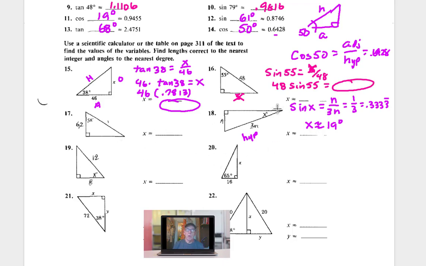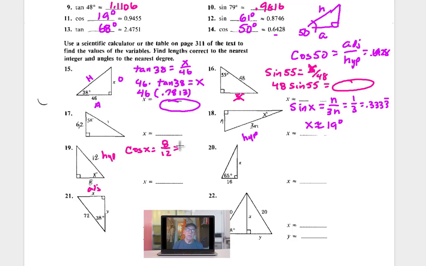Okay, let's do number 19. So 19, this is the hypotenuse. With regards to x, this is adjacent. So we have, with numbers, adjacent and hypotenuse. That's going to be cosine. Cosine x equals the adjacent, which is 8, over the hypotenuse, which is 12.